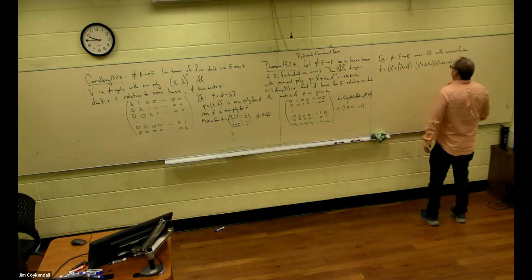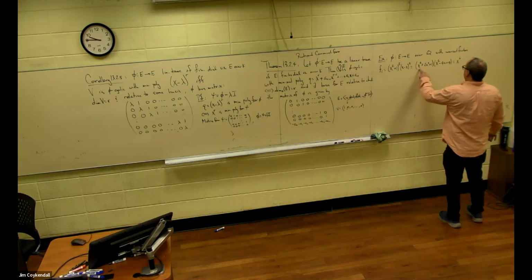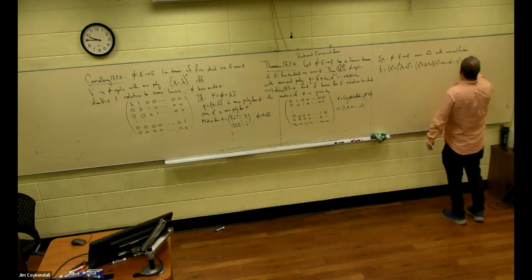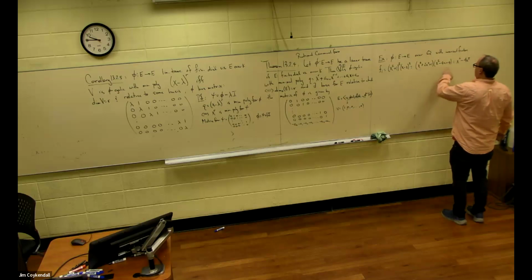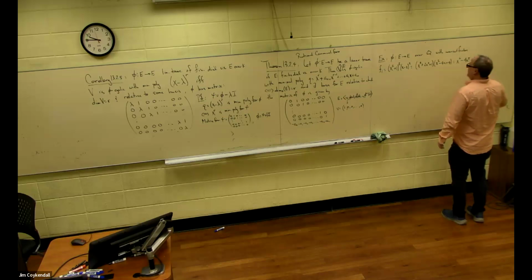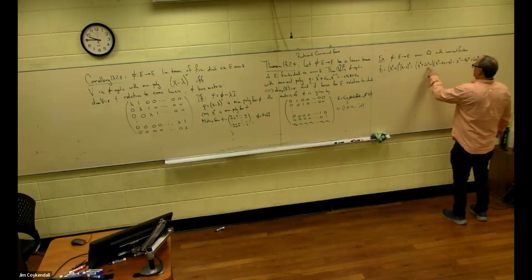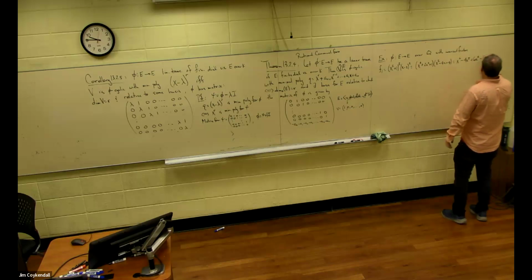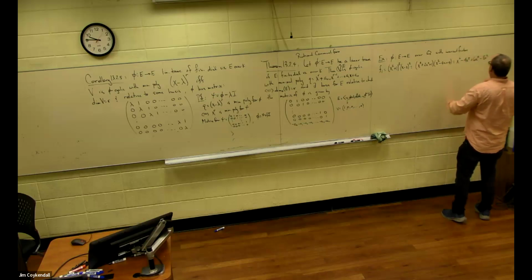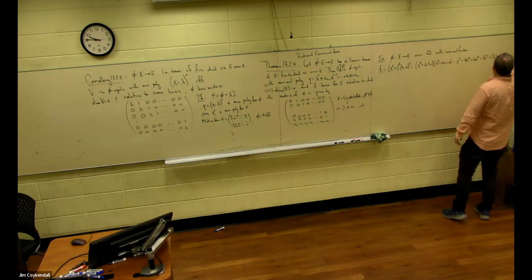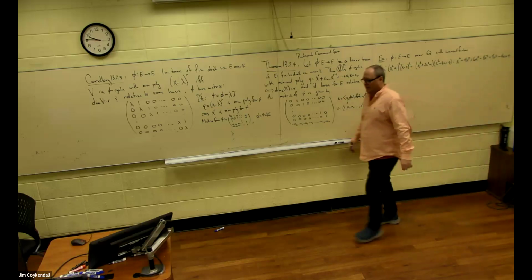Which is x to the 6 minus 4x to the 5. For x to the 4, I get a 4 and a 2, which is 6. For x cubed, I get a minus 8. For x squared, I get 8. For x, I get minus 4.